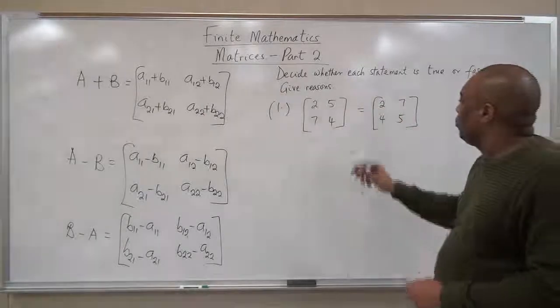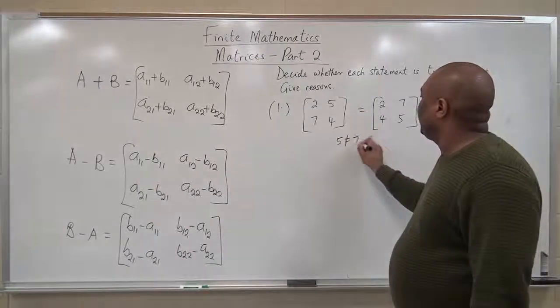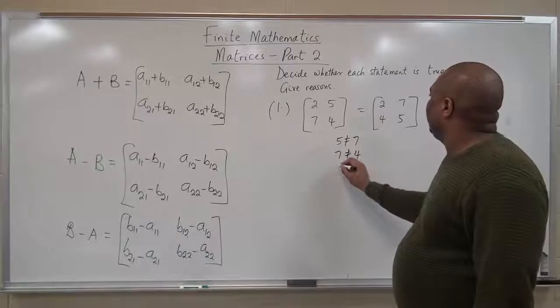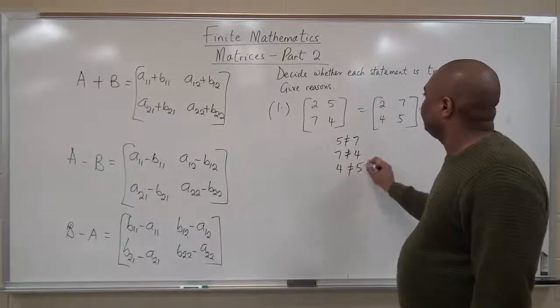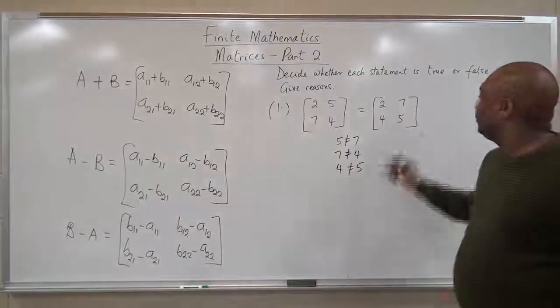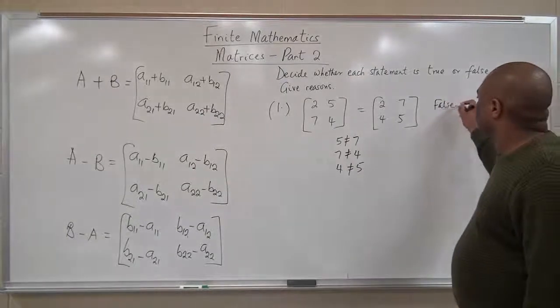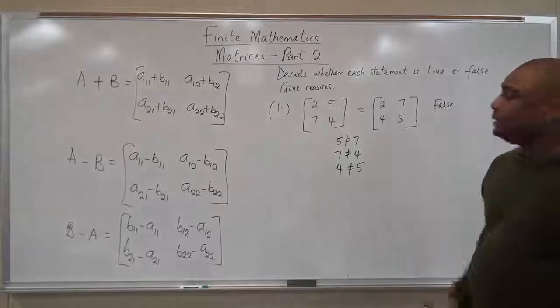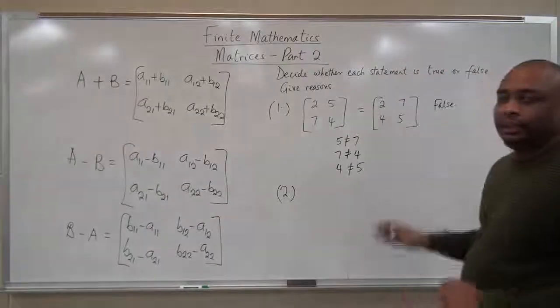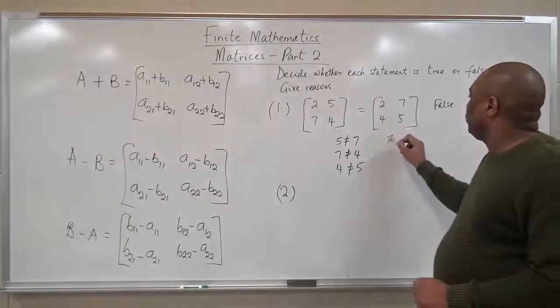But 5 is not equal to 7. 7 is not equal to 4. And 4 is not equal to 5. So because of that, it's false. Their corresponding elements are not equal, period.